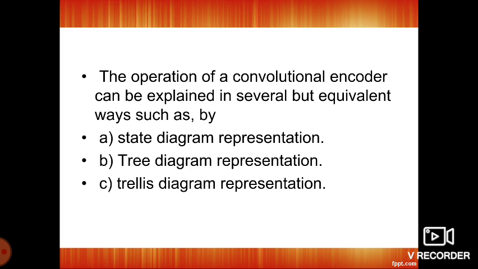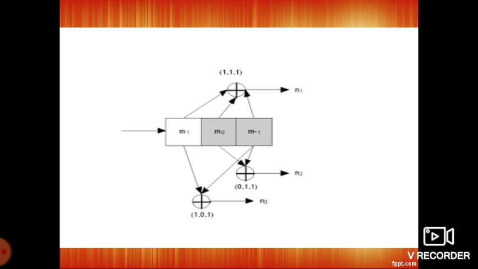As per the given diagram, m is the current incoming bit, m0 is the second stage of the flip-flop and m minus 1 is the last stage. Here we have modulo 2 adders. In the top modulo 2 adder, we have connections from m1, m0 and m minus 1.